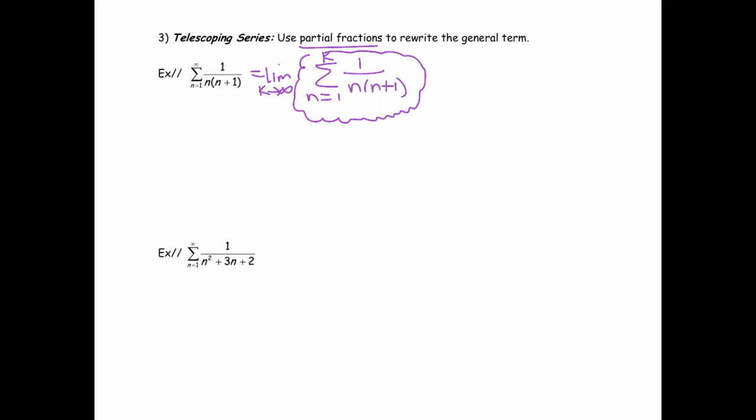So, over here on the side, note that I can use partial fraction decomposition to write this as a over n plus b over n plus 1. And I know that to get the common denominator, I need to multiply the top and the bottom of the left term by n plus 1, and the right term by n, which means that I can equate the numerators.